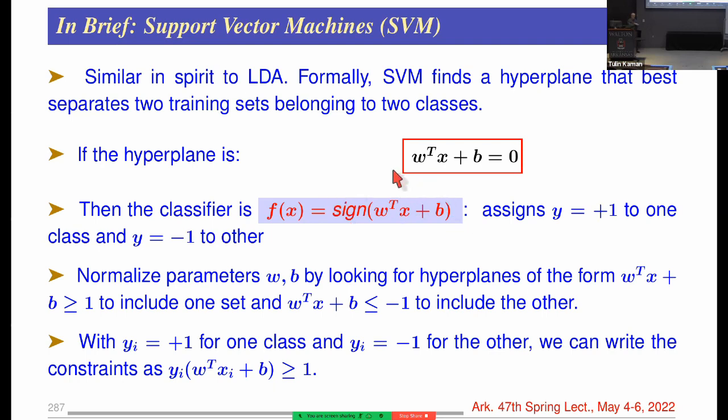If it's positive, it's one class; if it's negative, it's the other class. Instead of saying positive and negative, we'll say larger than 1 or less than -1. That is a form of normalization that simplifies the notation a little bit.